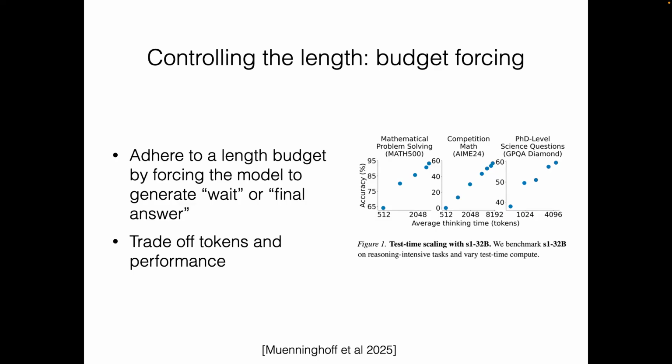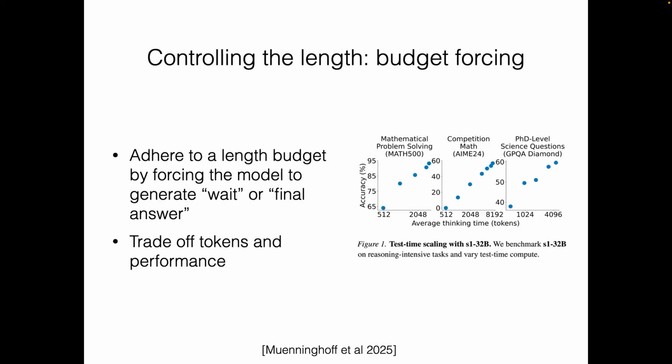So here I showed this plot before, and let me just talk through what they're doing here. They came up with a simple method: you could imagine the model is generating, and you want it to adhere to some length budget. So you could just manually put in the token "final answer," and then it forces it to answer.